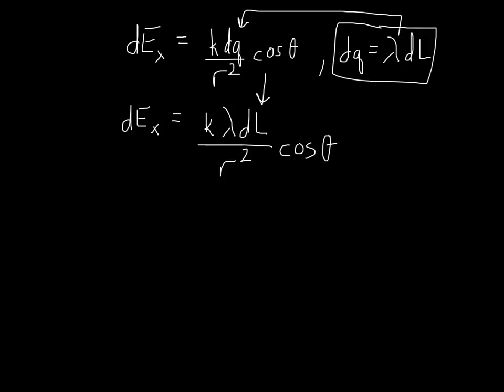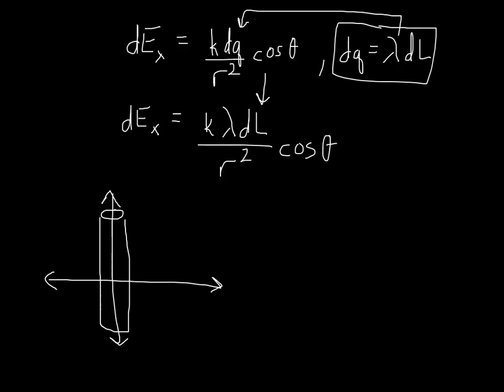Okay, now we need to look a little more closely at what this dl is actually referring to. I can draw my picture again. We have our x and our y axis. And we have our charge distributed along a line. Maybe this is charge in a wire. So this length, dl, this tiny differential piece of charge up here, is some distance dl along my wire.